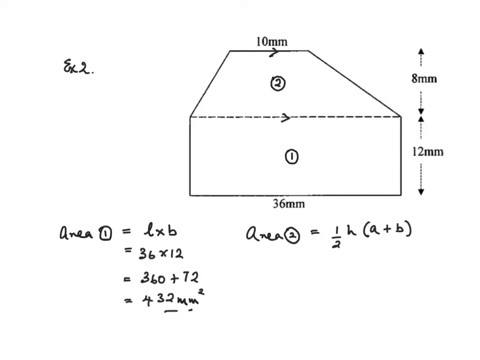So that should be simple enough. 1/2 of H, which is 8, times 10 plus 36. 4 times 46. 4 times 40 is 160. Plus 24 gives us 184 millimeters squared.